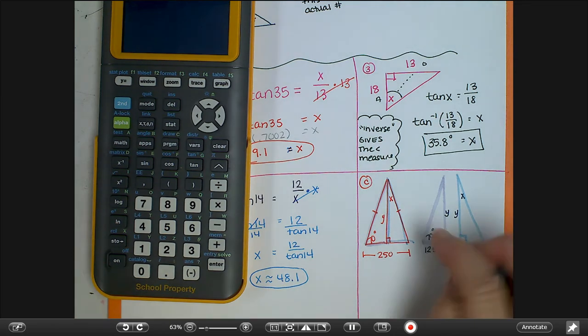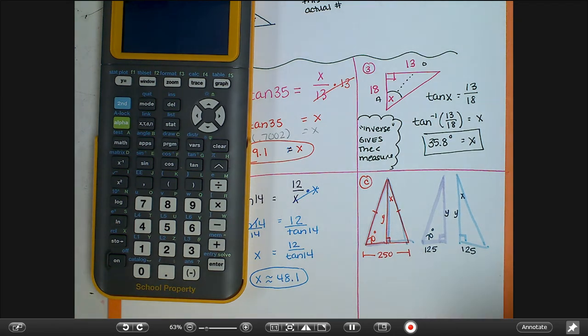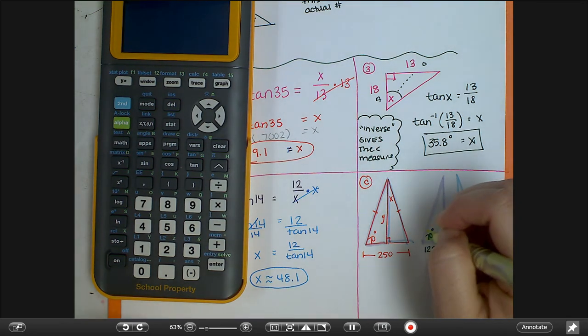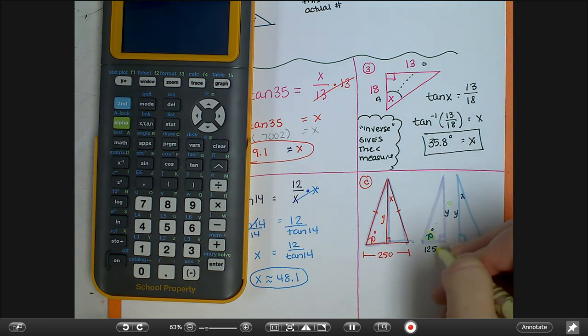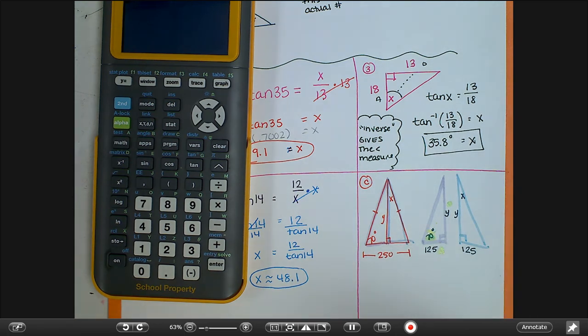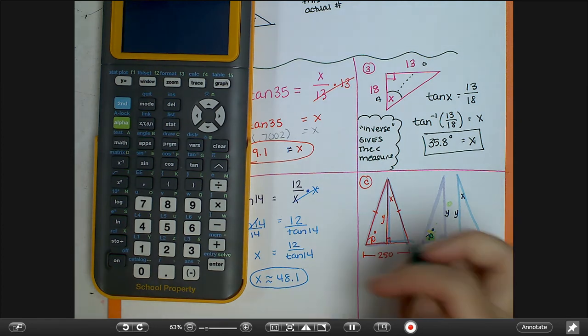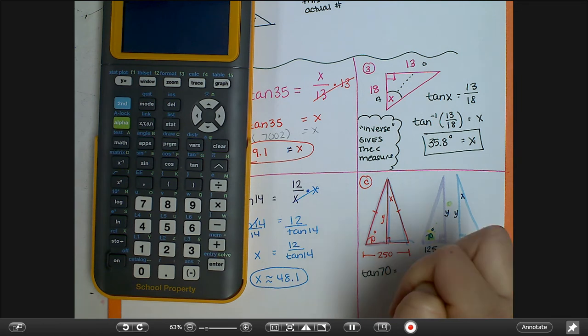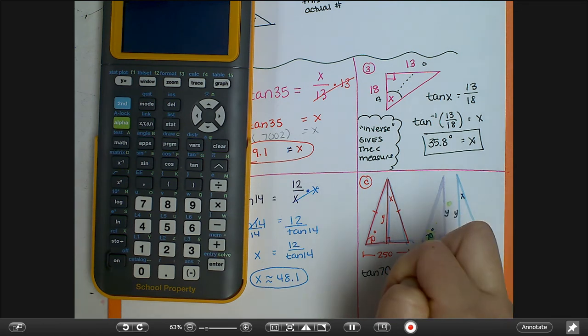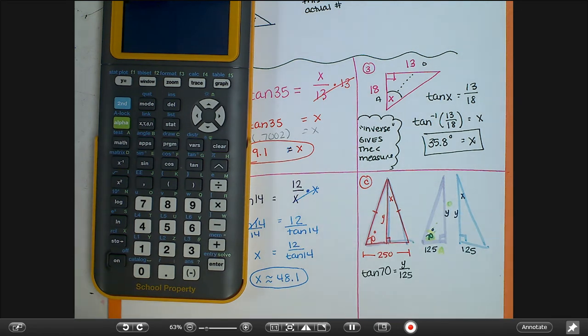All right, so let's start with the purple one. We got to identify our angle that we're basing everything off of, which is right here. We have our side opposite and our adjacent. So we're going to set up our trig ratio. Tangent of a 70-degree angle equals opposite over adjacent.